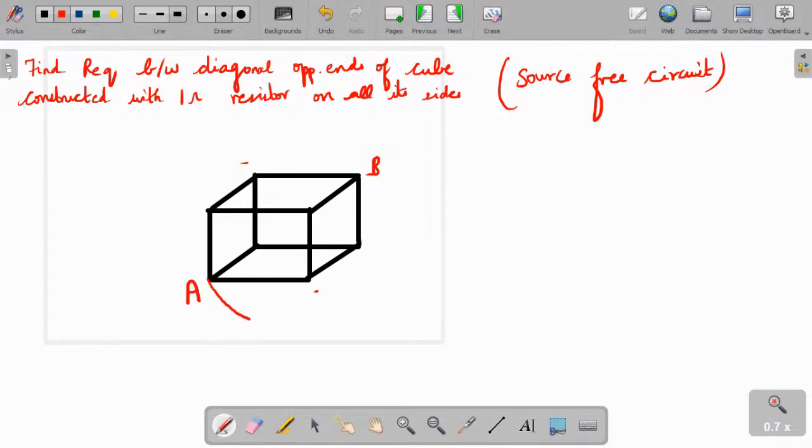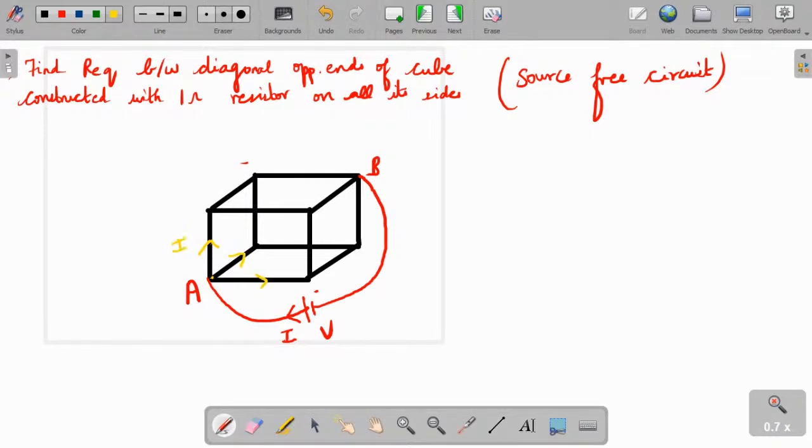So here I'm just including a voltage source between the terminals A, B. Let this be V. Current flows from positive to negative. This is I. The resistances are equal. So when the current I comes to this point, how will it be split among these three sides?